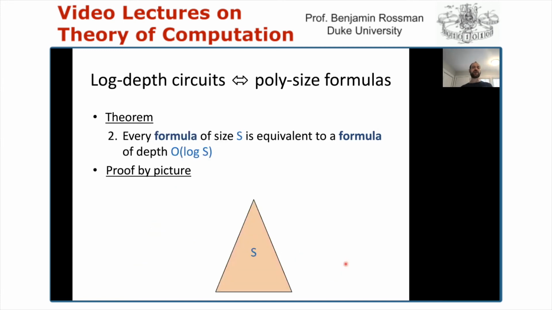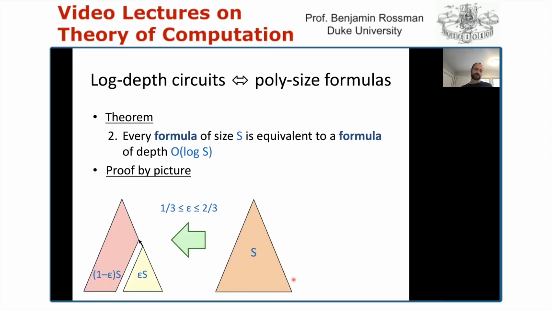Okay, so for the other direction, we're going to start off with a formula of size s, and we're going to show how we can convert it to a formula of depth order log s. So here, consider this orange formula of size s. The first step is we're going to split this formula.